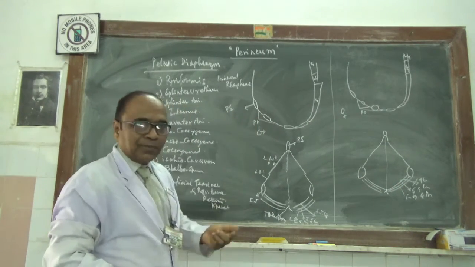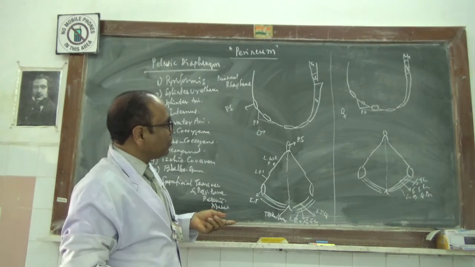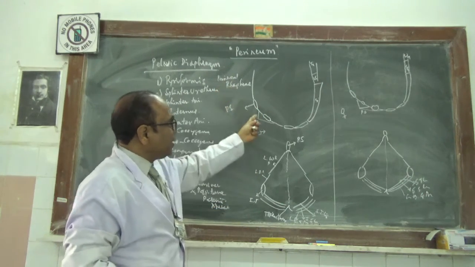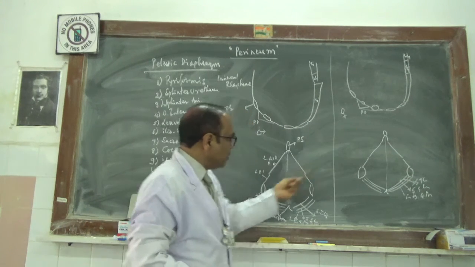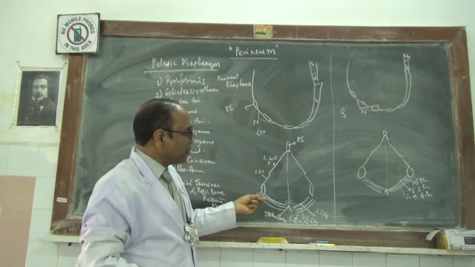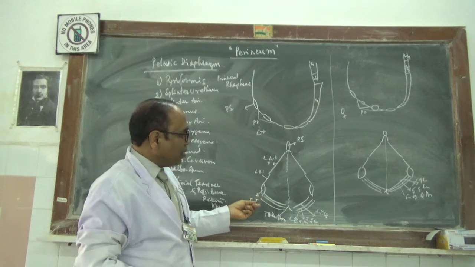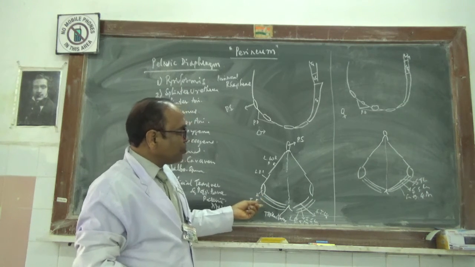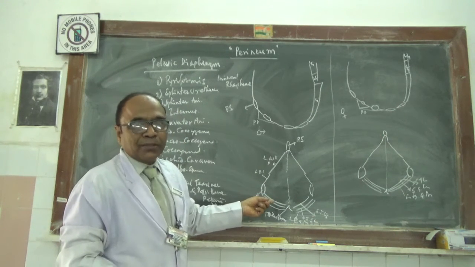Here you have the sagittal section of the perineum in male and female. These schematic diagrams indicate the coronal section of the perineum, which you view from below upward, that is in the lithotomy position.